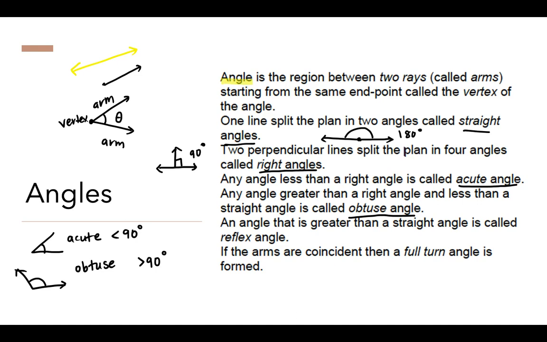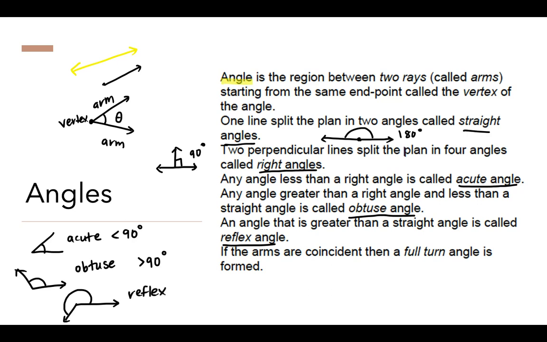Next, reflex angle. A reflex angle is greater than a straight angle. For example, let's say we have a line here. From here to here, this is definitely greater than 90 degrees and greater than a straight angle. This, we call a reflex angle.